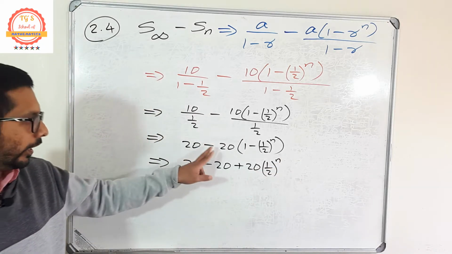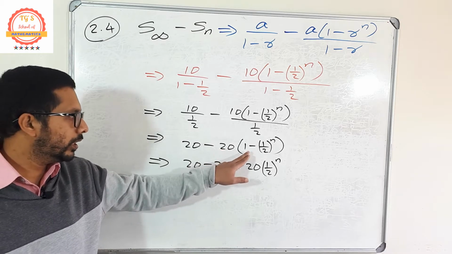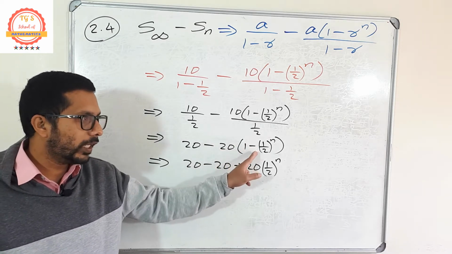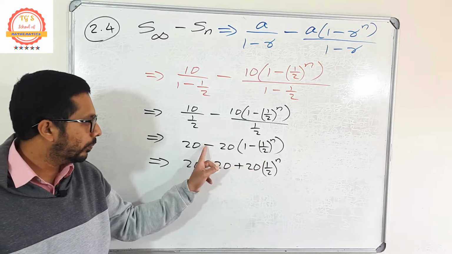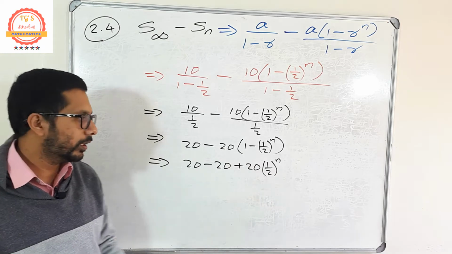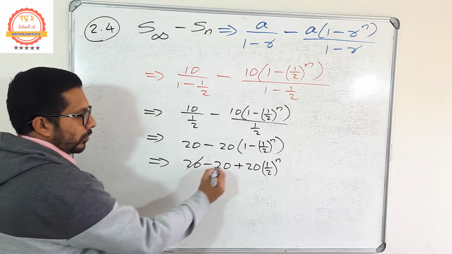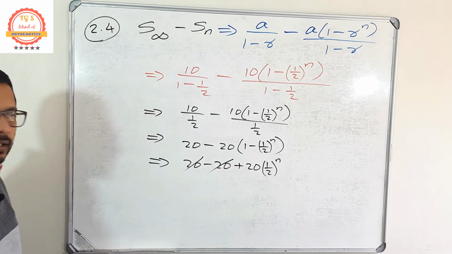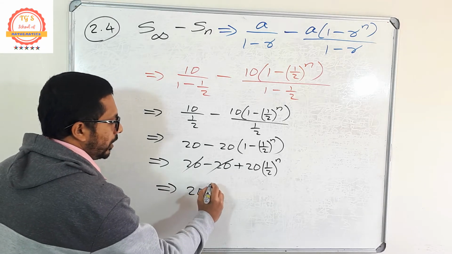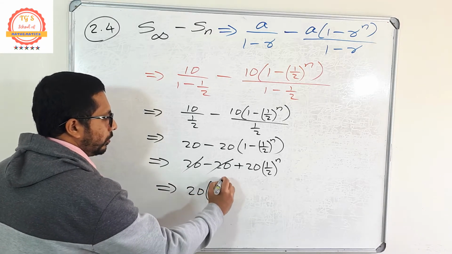Look at this one, I expanded the bracket. So here plus 20 and minus 20 we can cancel. What remains is 20 into half raised to n.